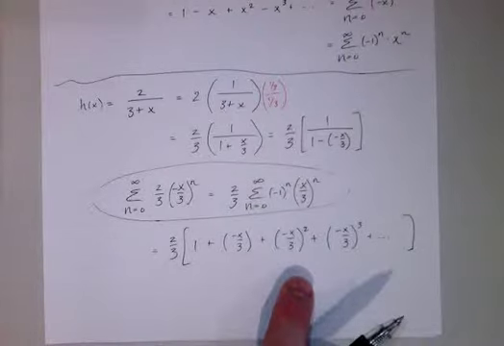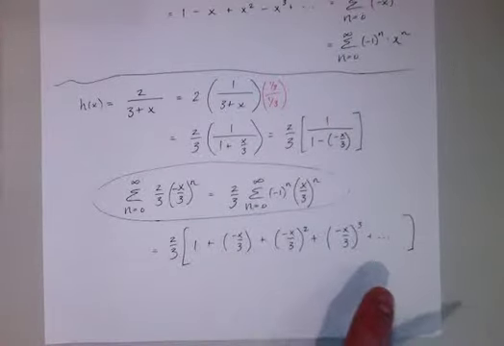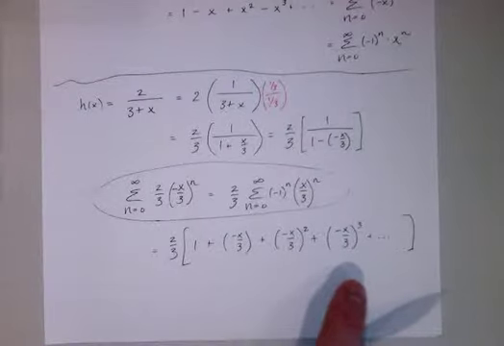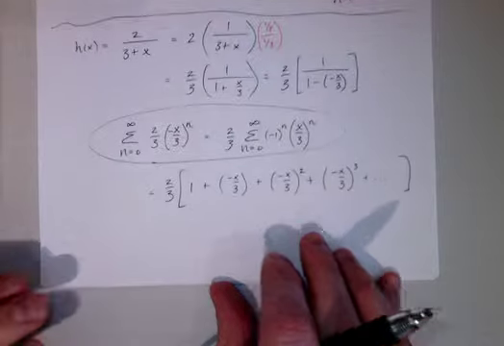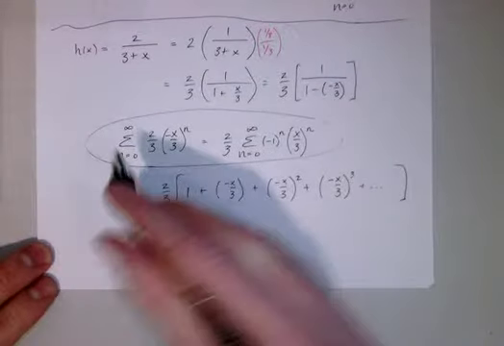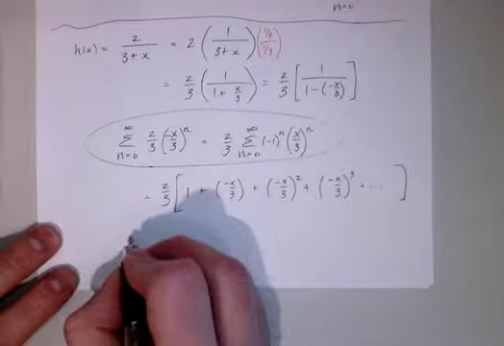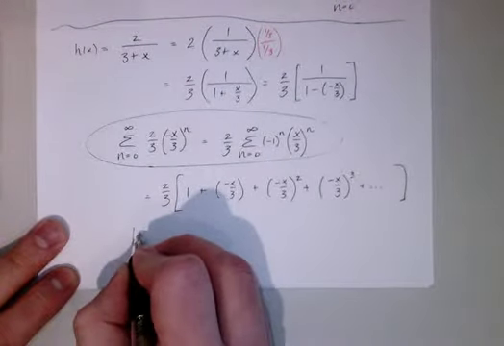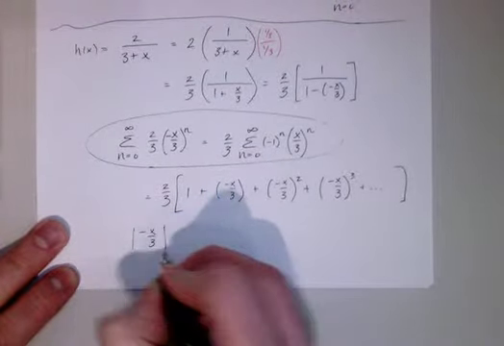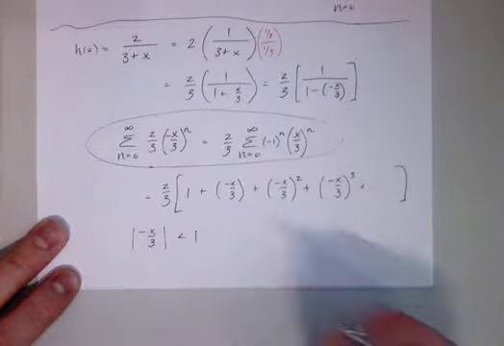And if you were asked to, you could find the interval of convergence and the radius of convergence for one that's based upon the geometric series. It really isn't that big of a deal, right? It's just that negative x over 3 has to be less than 1, right?